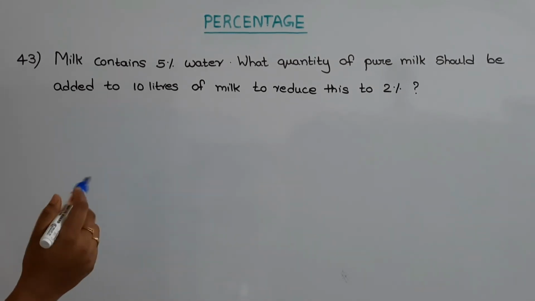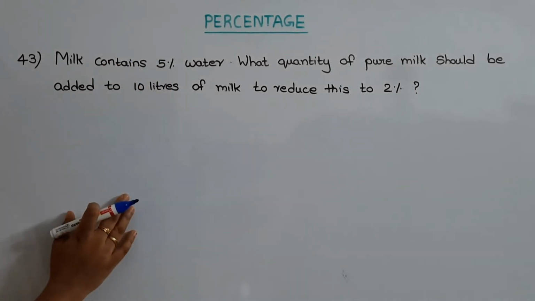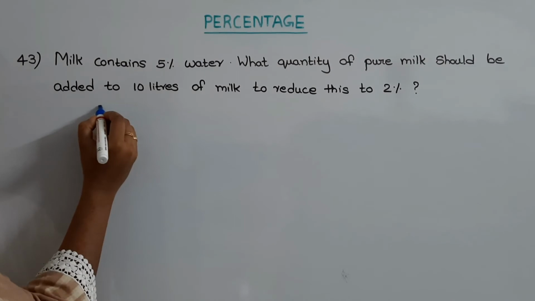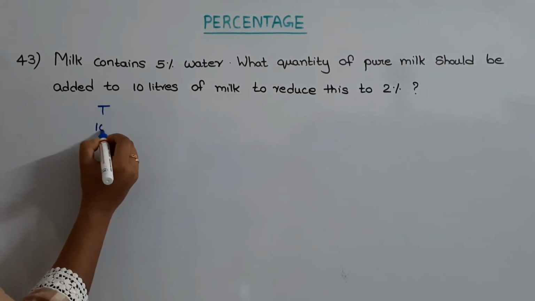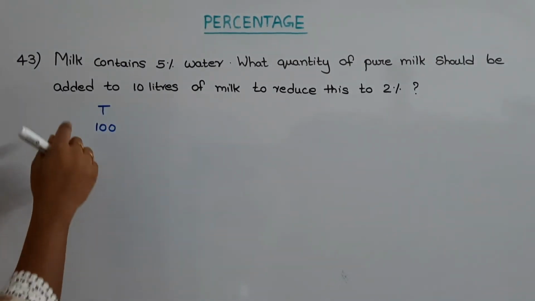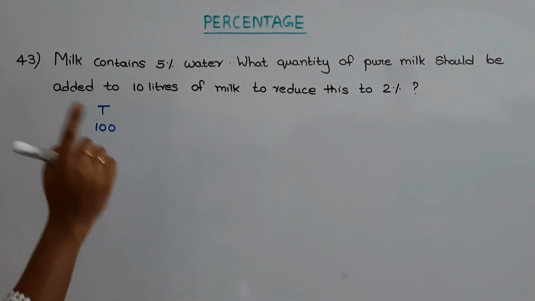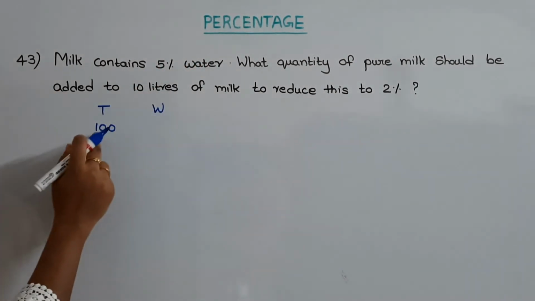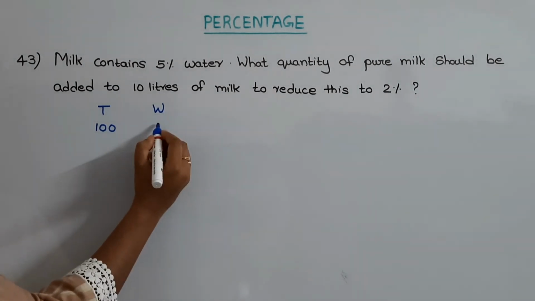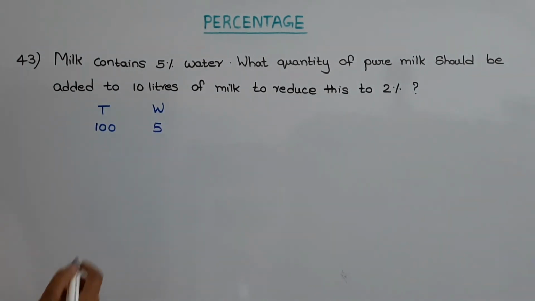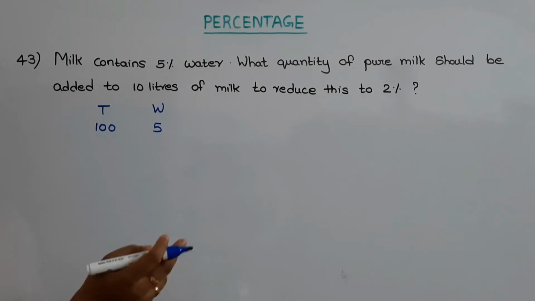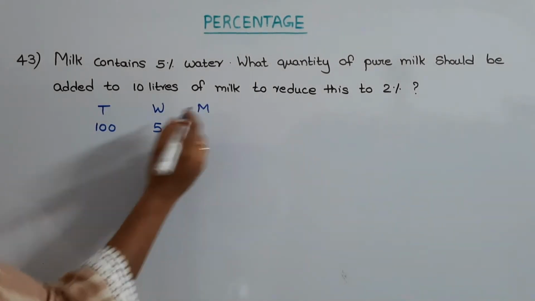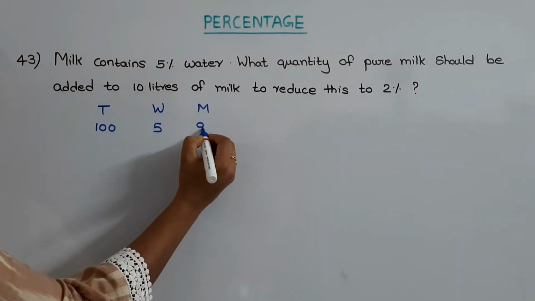Since this is given in terms of percentage, let us consider the total quantity of the mixture as 100. If the total quantity of the mixture is 100, the quantity of water is given as 5%, that is 5% of 100. That will be equal to 5. Then the quantity of pure milk will be equal to 100 minus 5, that is 95.